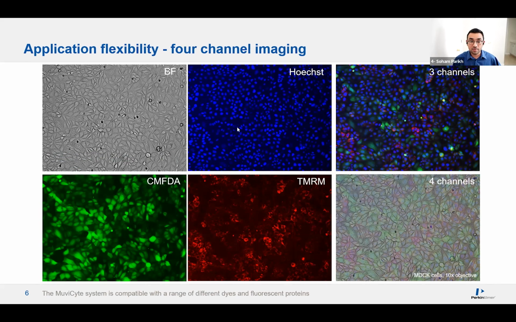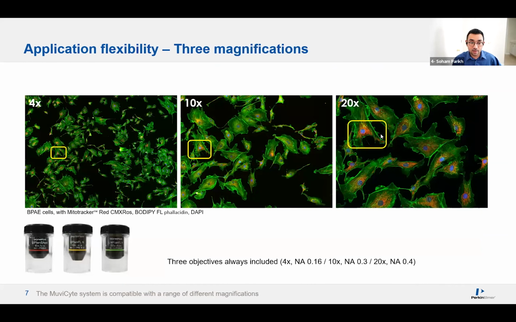You are really going to be very happy with the images that you get, not only for the IF, but also for all the live cell experiments that you would be performing with this instrument. This is an example of the overlay images we have created, and you can double check how great the images look from the movie side.